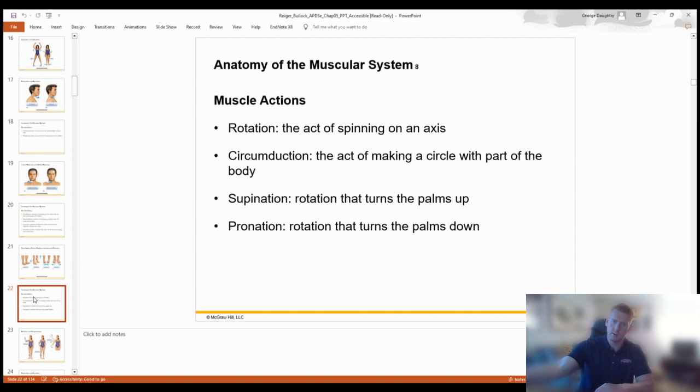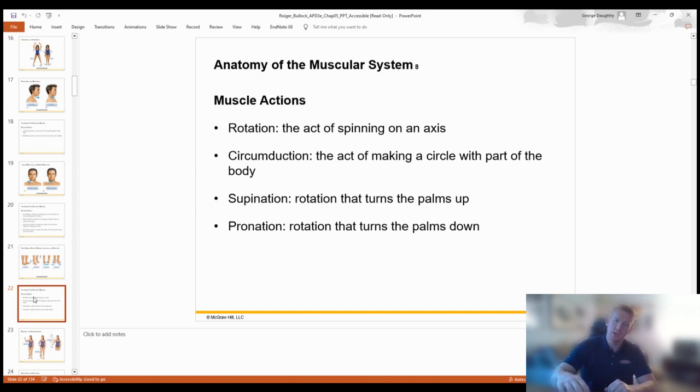What I'm doing right here is a type of rotation, internal and external rotation. And we can also circumduct. If I can move a ball and socket joint in a type of circle, then I've circumducted. Okay, and then supination and pronation, these are critically important to know. This is specific to the hand.